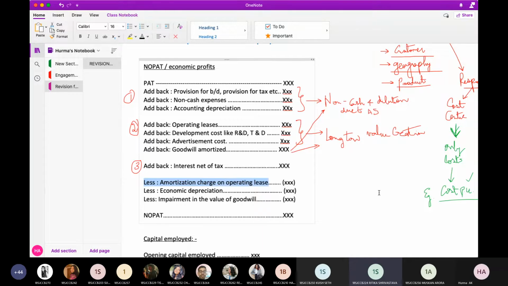So wouldn't we just depreciate the asset? Yeah, it is the asset that we're talking about over here. Operating lease is for an asset. Amortization charge is for that asset. Amortization charge is nothing but a depreciation only. Okay, ma'am.